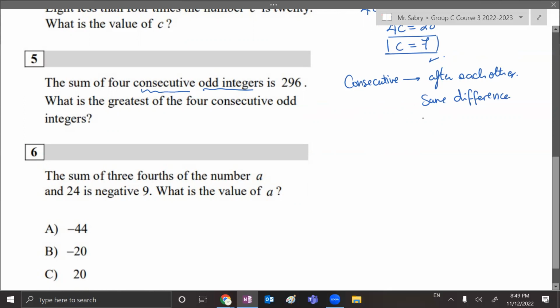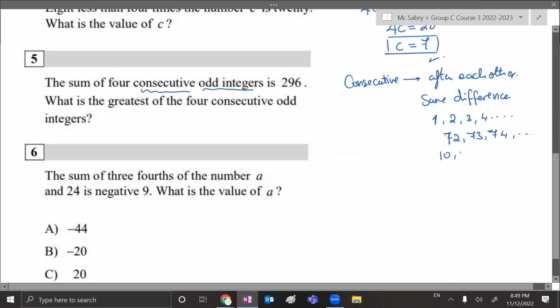So for example, consecutive numbers could be 1, 2, 3, 4, and so on. These are consecutive, or 72, 73, 74, or 10, 15, 20, 25, 30, and so on, because in every one of those cases, the difference between the numbers is always the same.